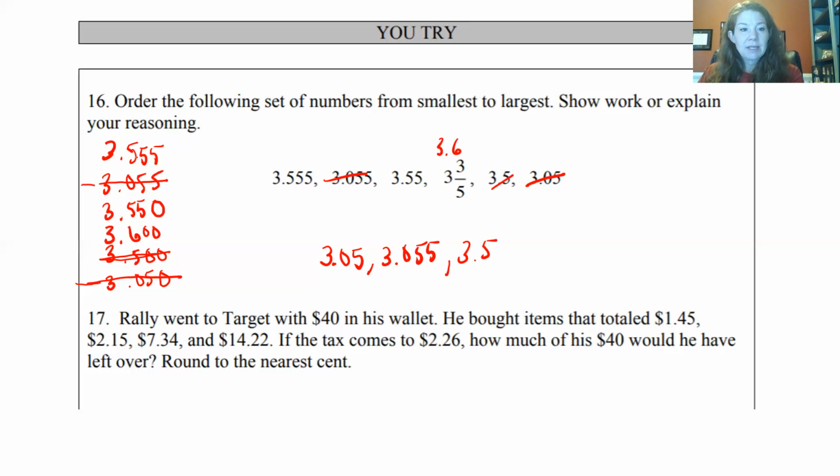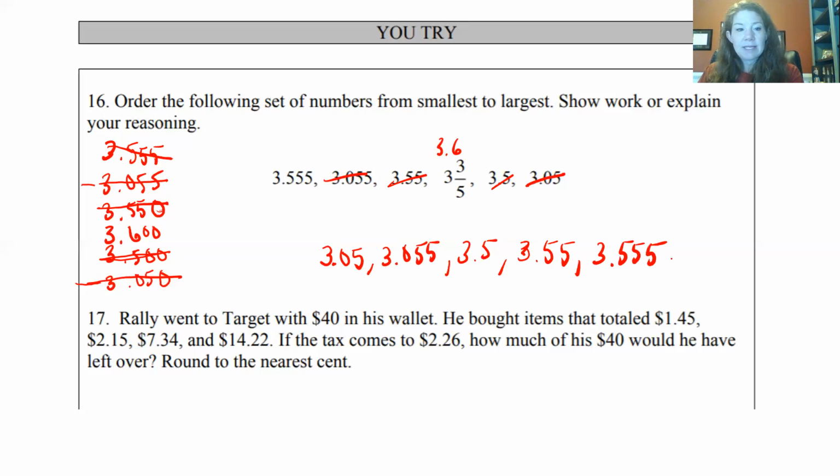Now we're comparing our thousandths place. This one has 5 thousandths, and this one has 0 thousandths. So 0 thousandths is going to be less than 5 thousandths. So that would be this number. So 3.55, which means the top one goes next, 3.555.